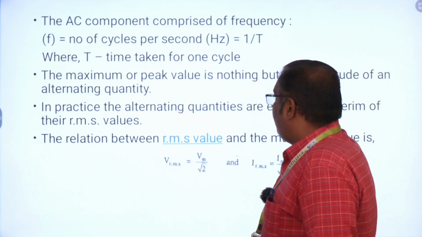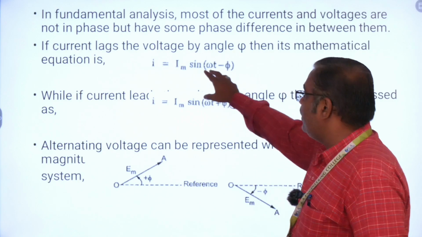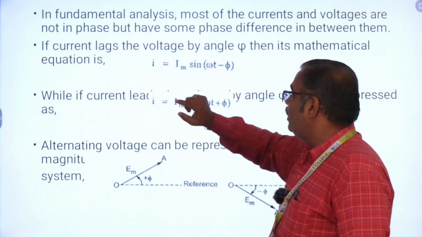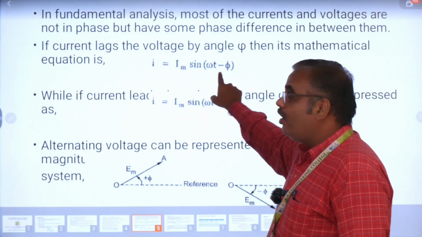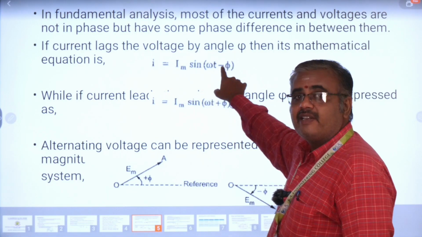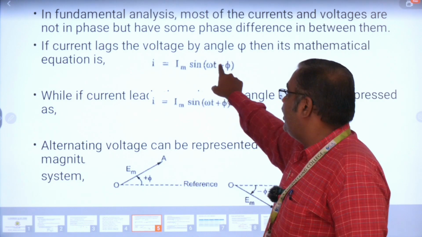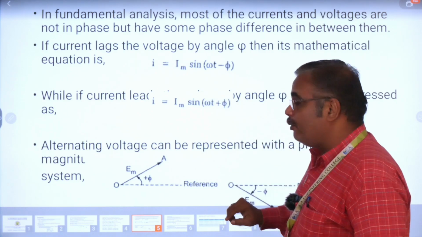Before going to the previous slide, let us go for inductance. When we talk about a pure inductance circuit, the current flow is equal to Im sin(omega t minus phi). This minus phi indicates that there is a lagging angle of phi for the pure inductive circuit.